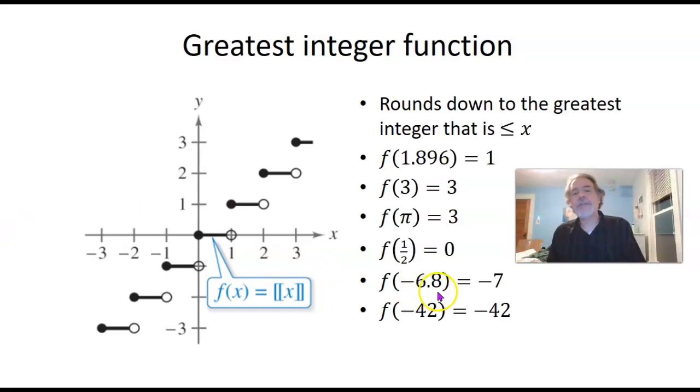F of negative 6.8, if you start at negative 6.8 and go down until you hit the next integer, what you hit is negative 7. To get to negative 6, we'd have to go up, but we go down and we hit negative 7. F of negative 42 would be negative 42.